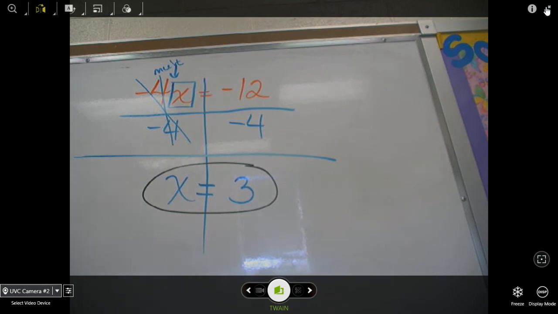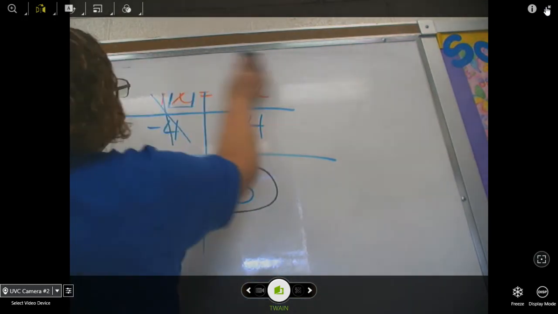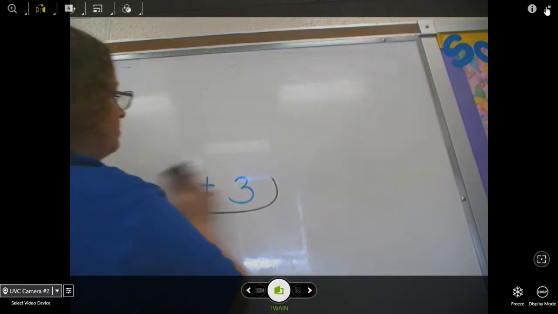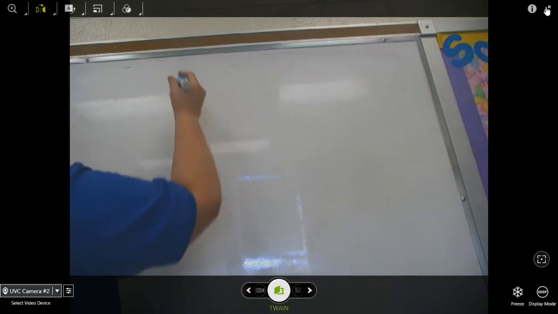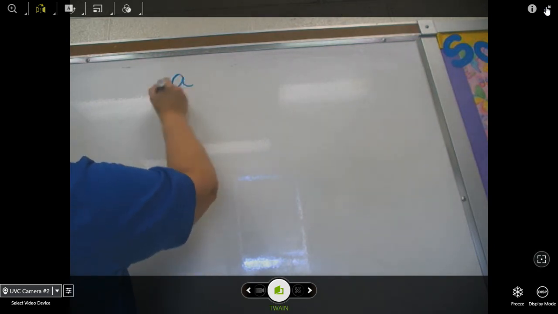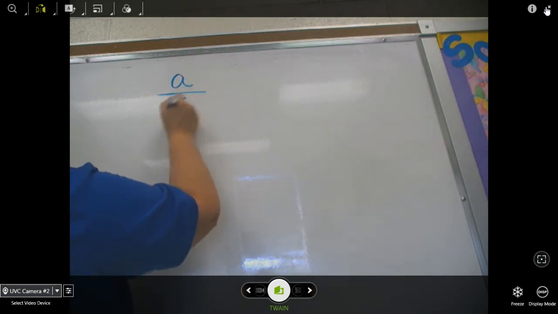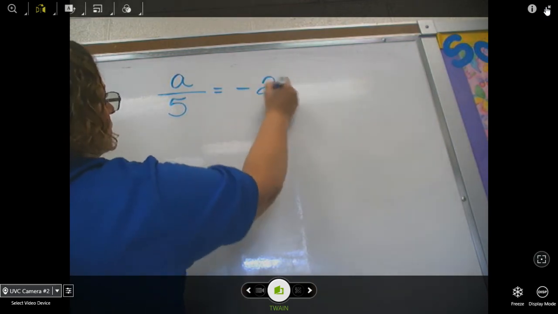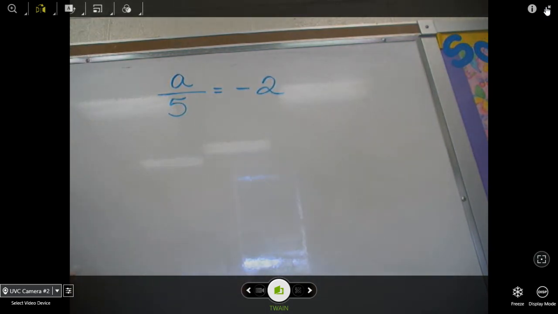I bet you can't guess the last example I'm going to do. All right. Now, let's say you have this. I told you, anytime it's in a fraction like this, this is division.